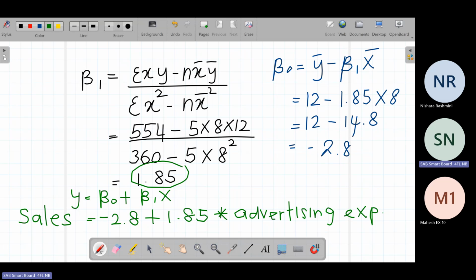Advertising expenditure is increased by 1 rupee, sales revenue is increased by 1.85. When the advertising expenditure is increased by one rupee, sales increase by 1.85 rupees.